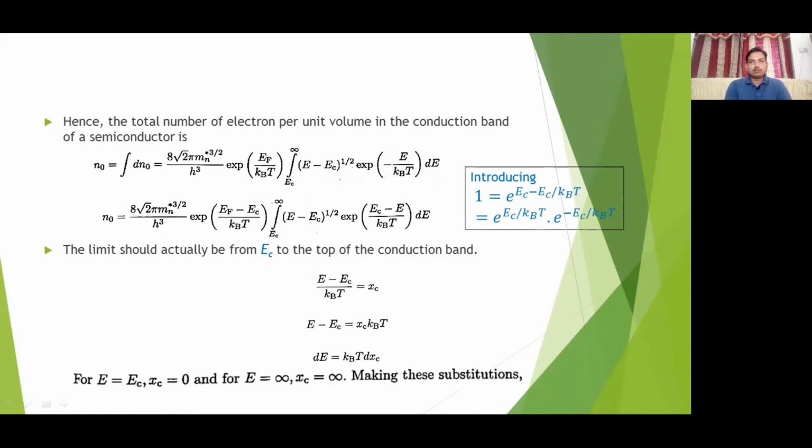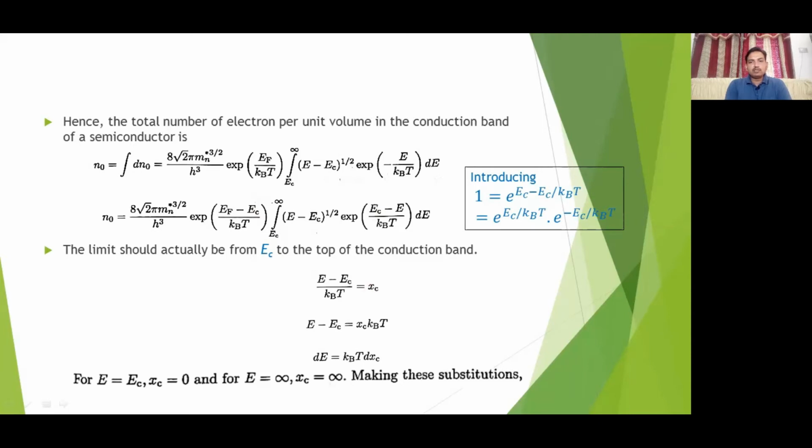So, you have to write these two values: minus EC and plus EC inside the integral. This is a simple integral. To solve it, you have to change the limits, so we use the substitution method. We put E minus EC over KBT equal to XC.